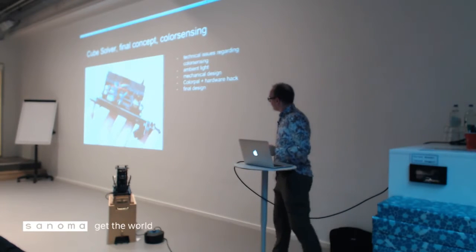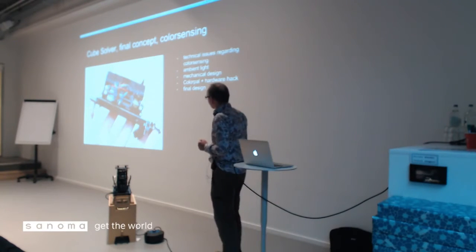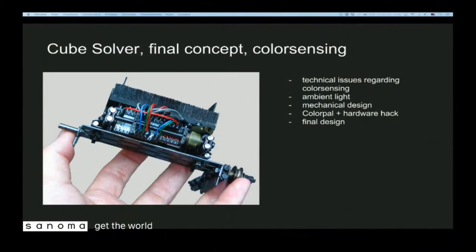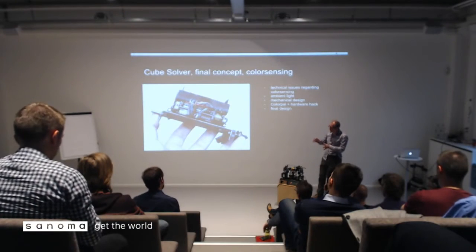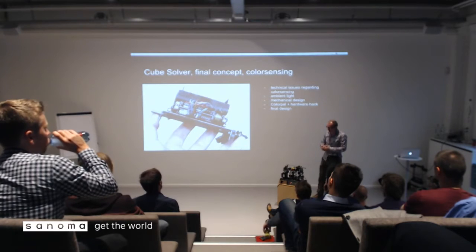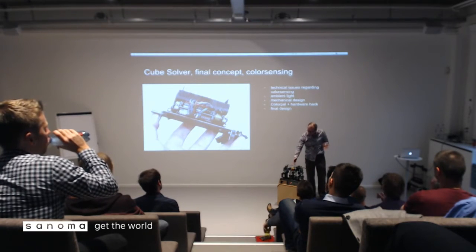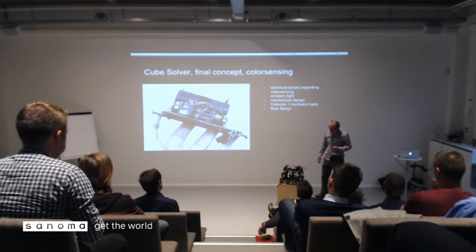So here is another picture of the color sensor. It's pretty difficult to see because these are very small parts. You can see it later when you can have a close look at it. One of the problems, actually a big issue over time, was the influence of the ambient light when the color scanner tries to scan the colors.